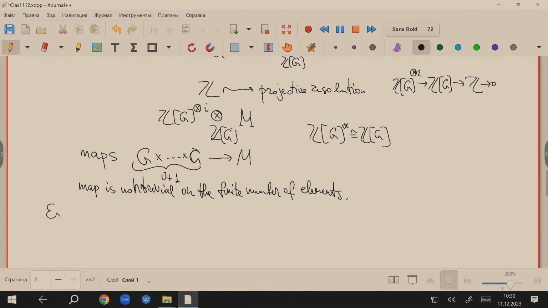So, exercise: write down the differential. I shall give you the answer for non-homogeneous cochains.